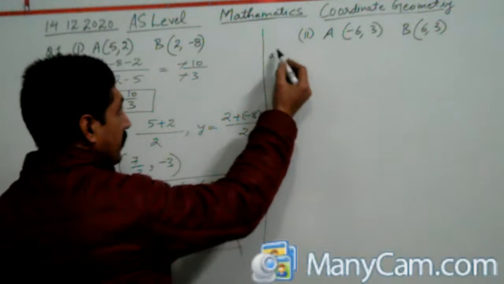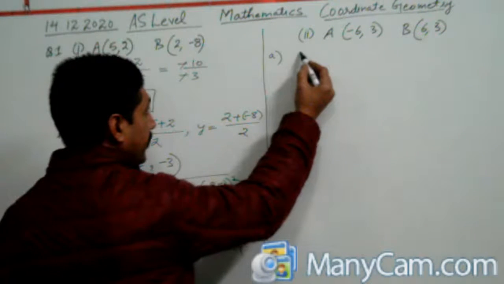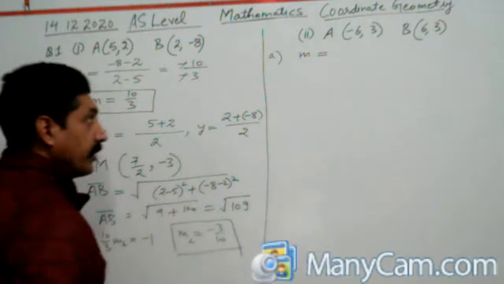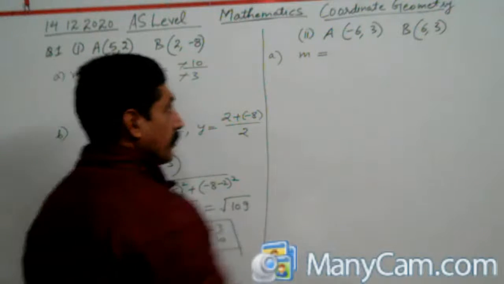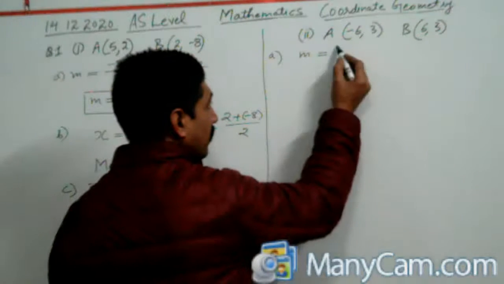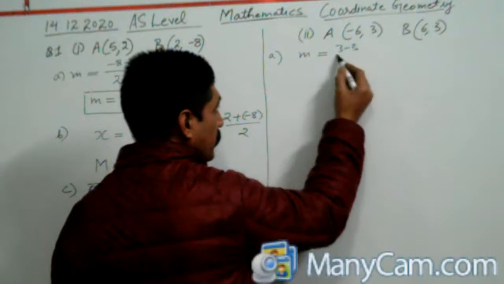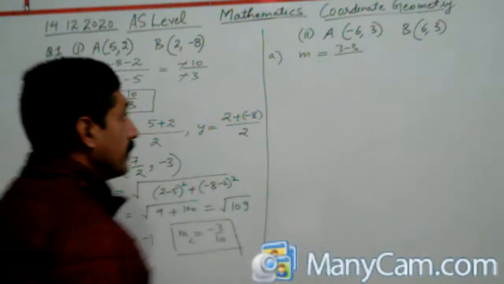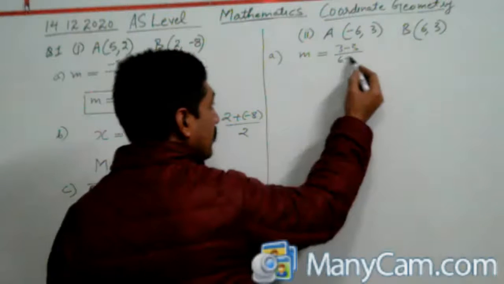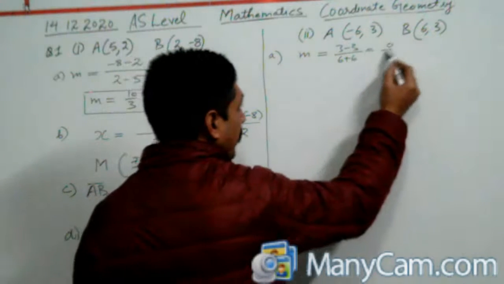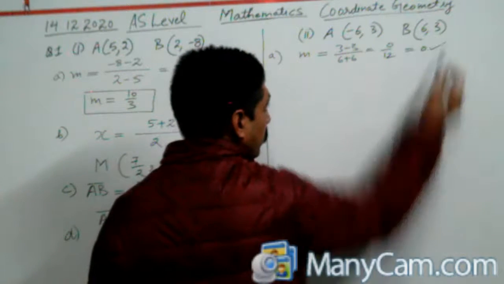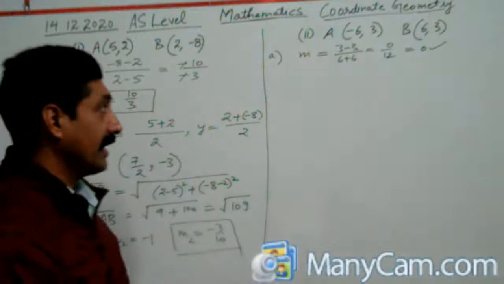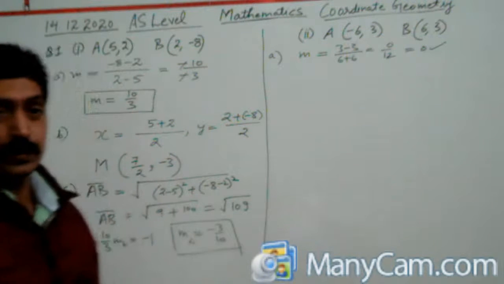First part, the gradient m is equal to y2 minus y1, so 3 minus 3 is equal to 0, divided by 6 minus of minus 6, we get plus 6. So it is 0 by 12, which is equal to 0, right? The slope of the line segment AB is 0.